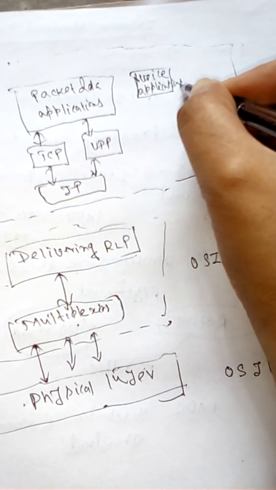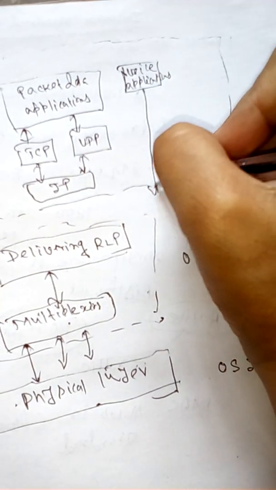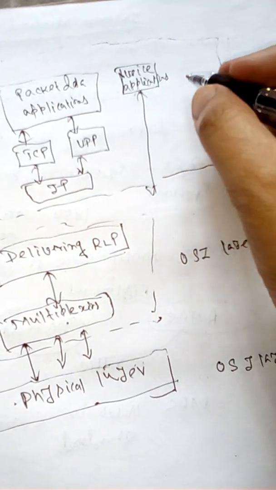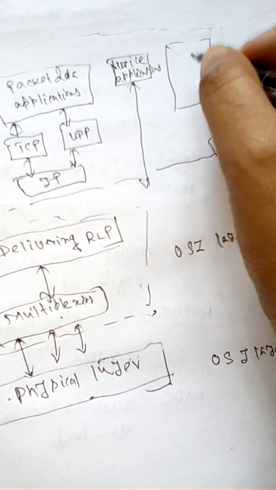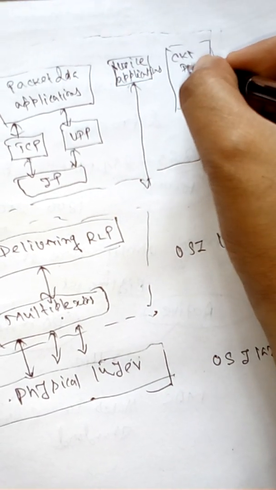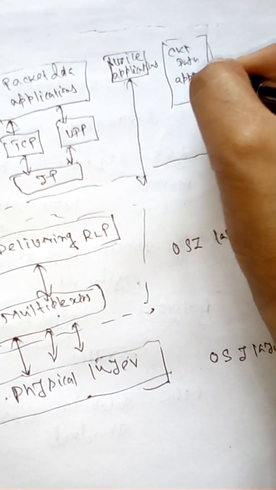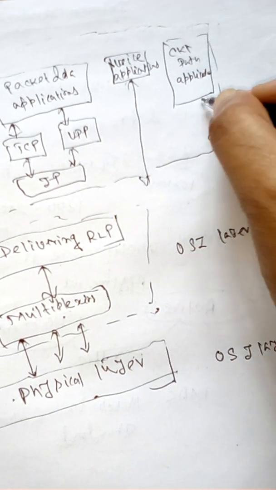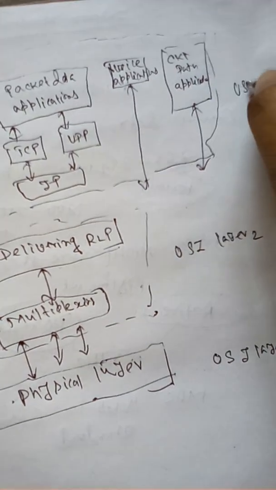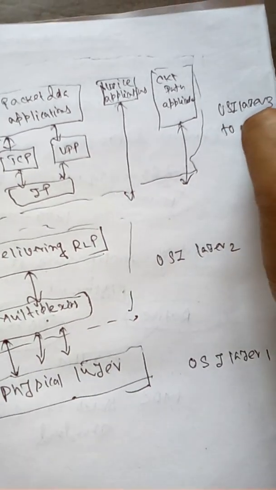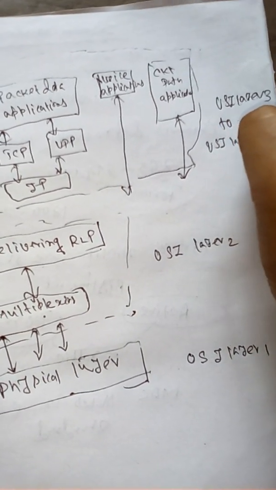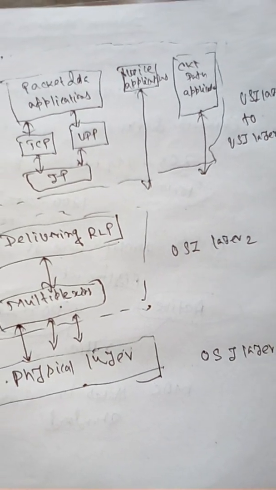Voice applications, there is also circuit data application, OSI layer 3 to OSI layer 7.